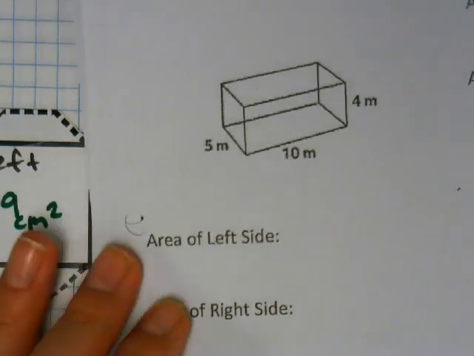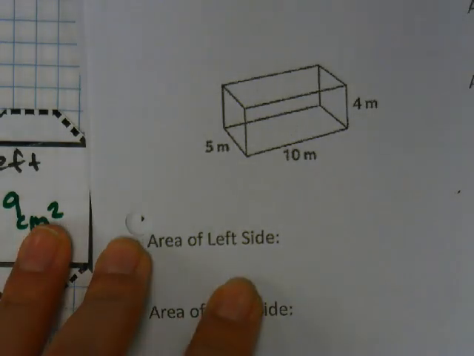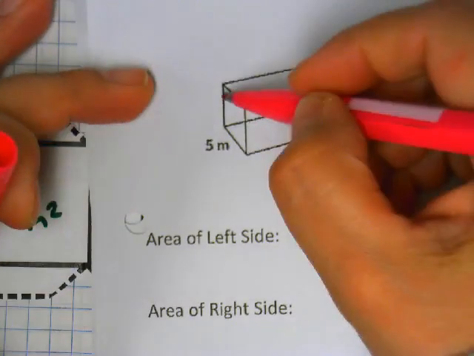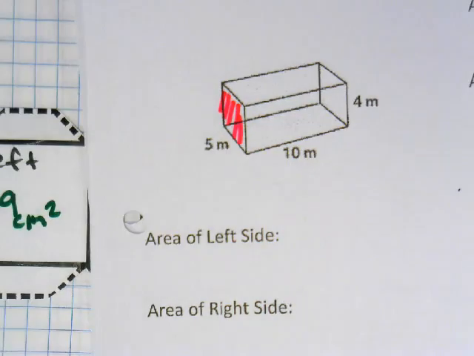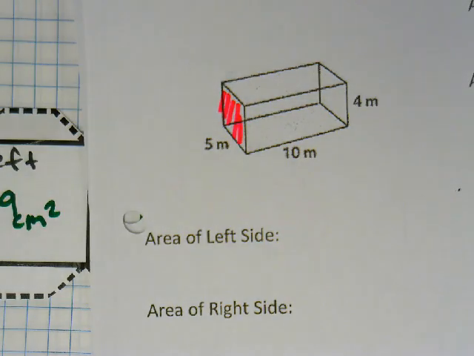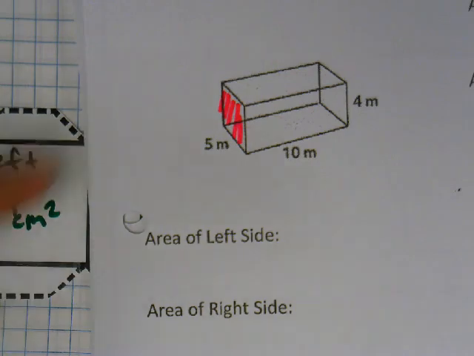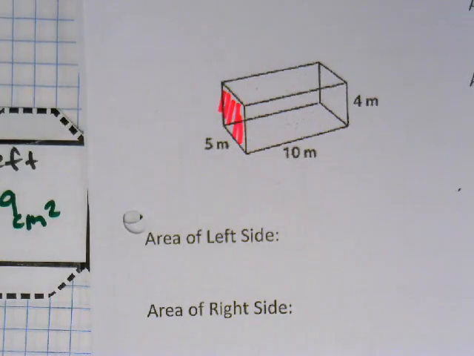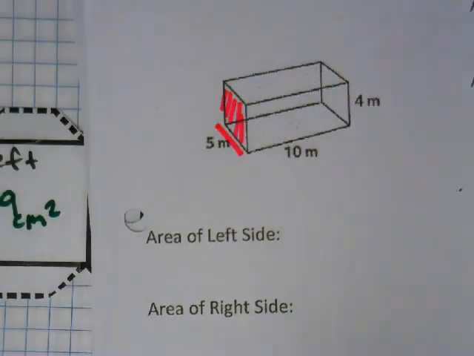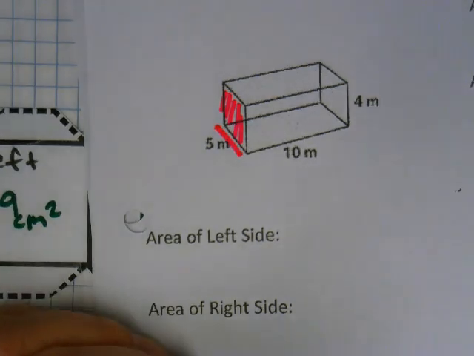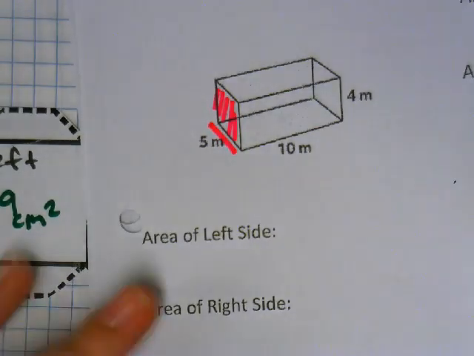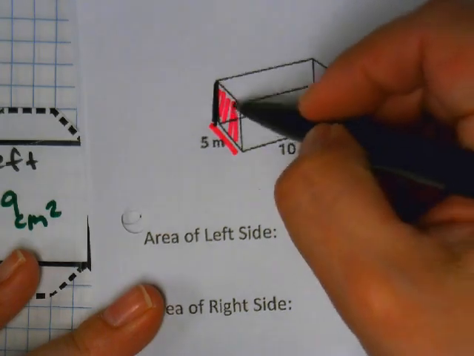All right, the left side or the right side, that would be this part right here. What are the two measurements of this side? Good. So this one's 5, right? And now I am looking for, if you don't see it, either this number or this number, right?